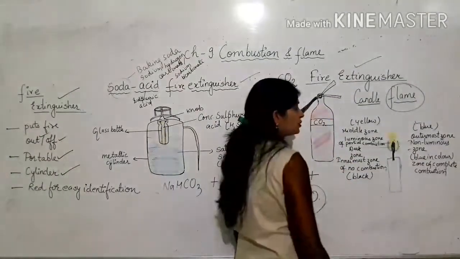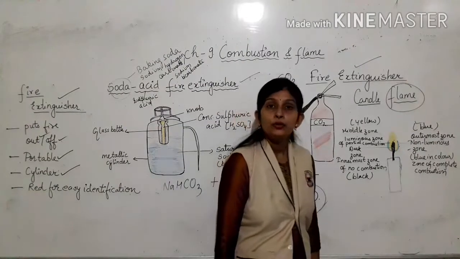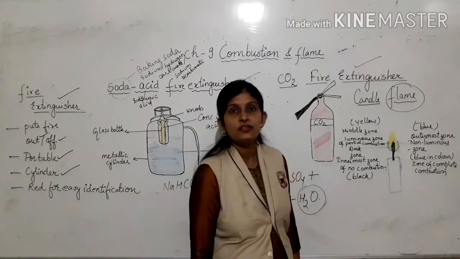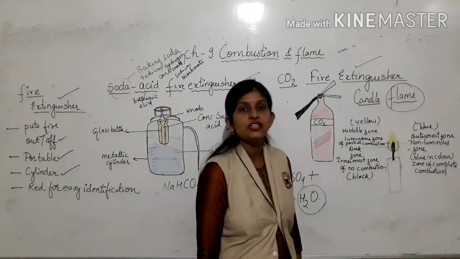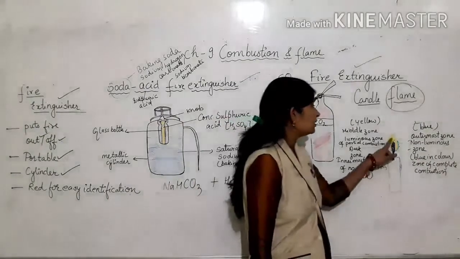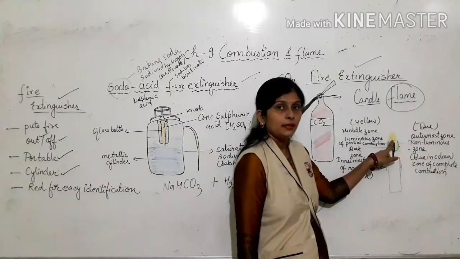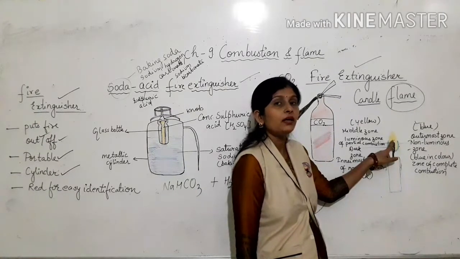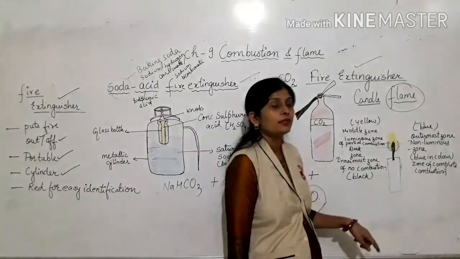That is why this outermost zone is blue in color and it is also known as the non-luminous zone or zone of complete combustion. Now the middle zone, here wax vapors do not get a sufficient supply of oxygen, that is why they burn incompletely, partially in an insufficient supply of oxygen. So it is yellow in color, the luminous zone or a zone of incomplete combustion.